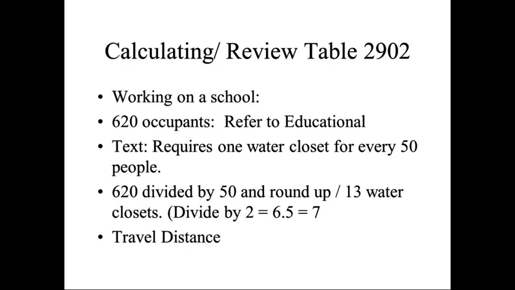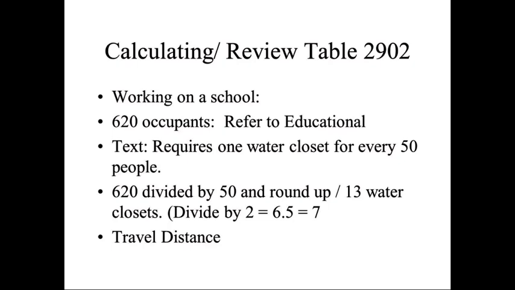Calculating. Let's go back to make sure you understand. If we're working on a school, open your table, and we have 620 occupants. Refer to the educational. It requires one water closet for every 50 people. So we take 620 divided by 50 to find out how many fixtures we have.